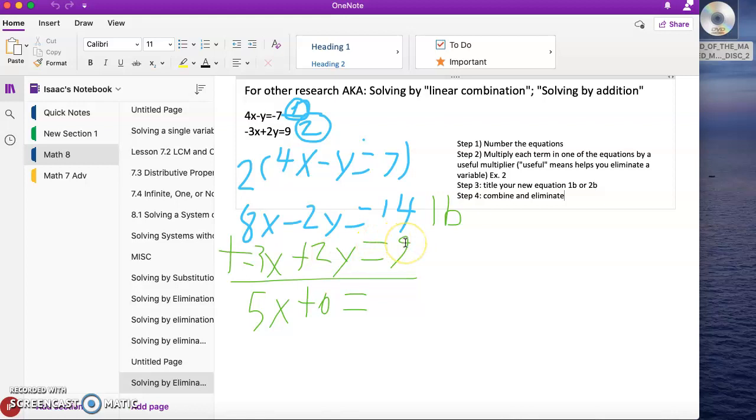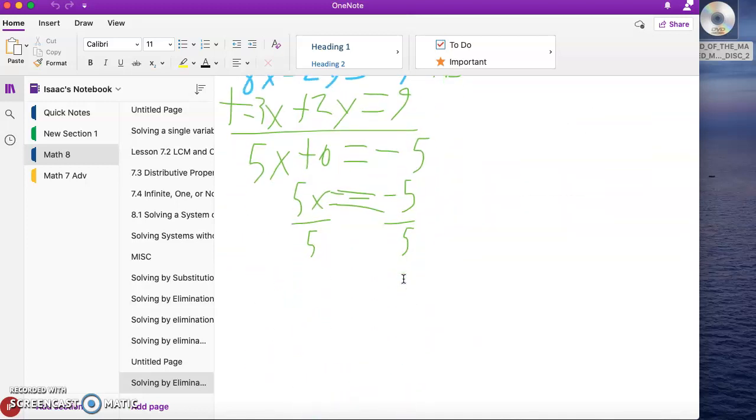And 14 plus, oh, I'm sorry. Sorry, that was negative 7 up at the top. So this is negative 14. So negative 14 plus 9 equals negative 5. So I've got 5x equals negative 5. So now divide both sides by 5 to get x by itself. And we'll get x equals negative 1.